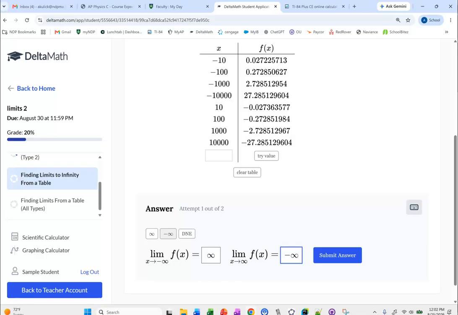Getting closer to -1. -0.2. Right, so we're getting closer and closer to -1. So that one looks like it is heading to -1, even though it goes above and below. It's okay, as long as it's getting closer. Okay, thank you. Does that feel good?